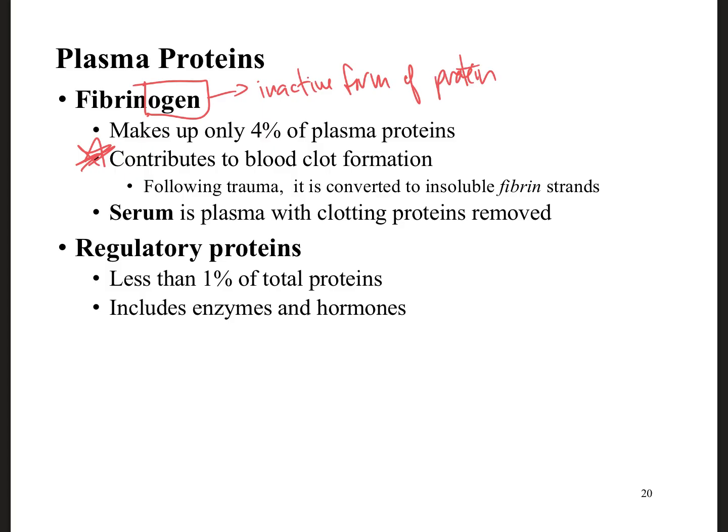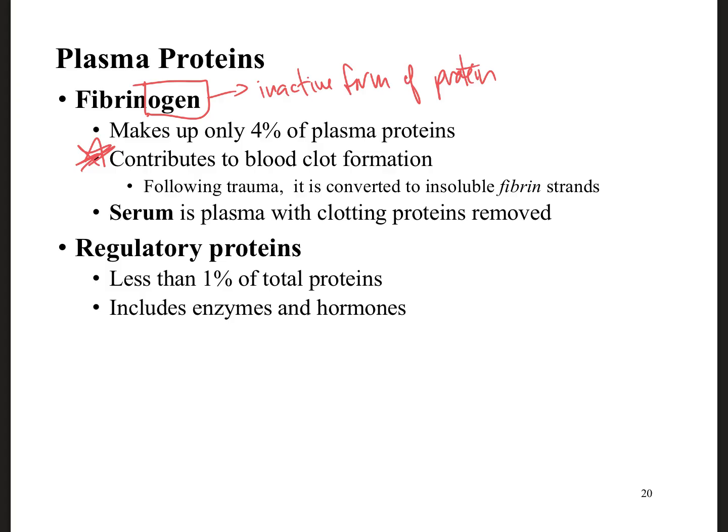Okay, we might talk about fibrinogen, we'll talk about chymotrypsinogen, we'll talk about trypsinogen, right? Those are inactive forms of a protein. So when another enzyme cleaves it, it converts the inactive form to the active form. So fibrin is the active form, that's your fiber, right? And that is insoluble fibrin strands. That's the fibers that are related to a clot.